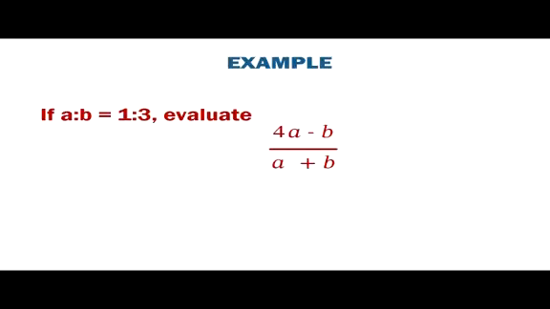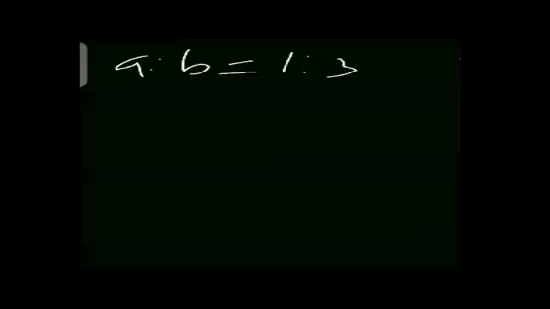What is the question? If A ratio B is 1 to 3, evaluate 4A minus B over A plus B.